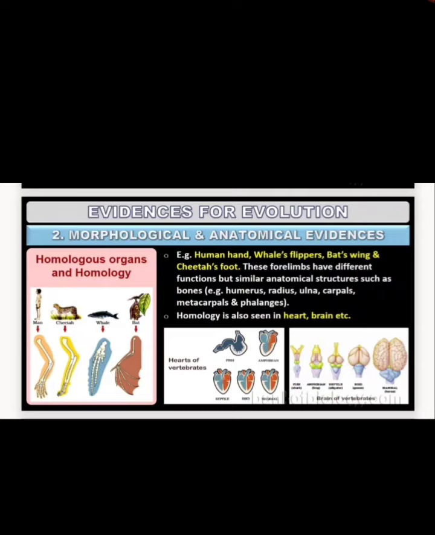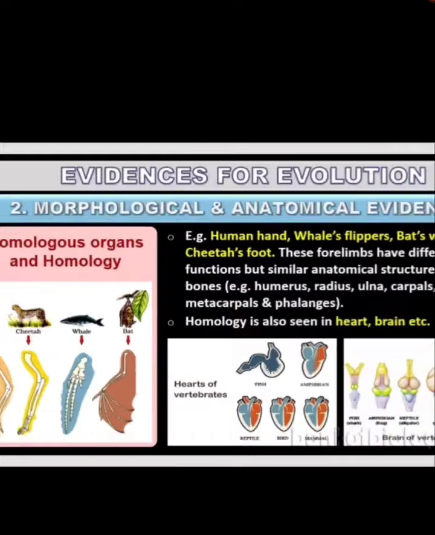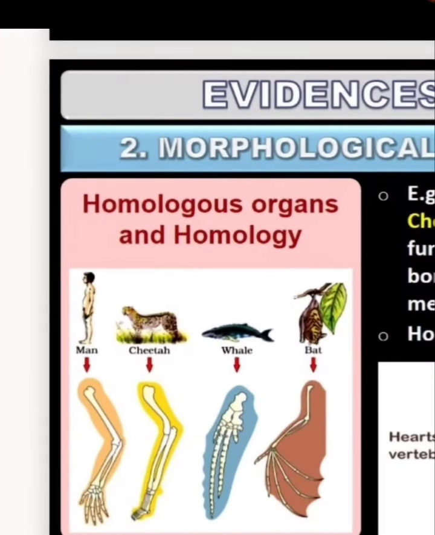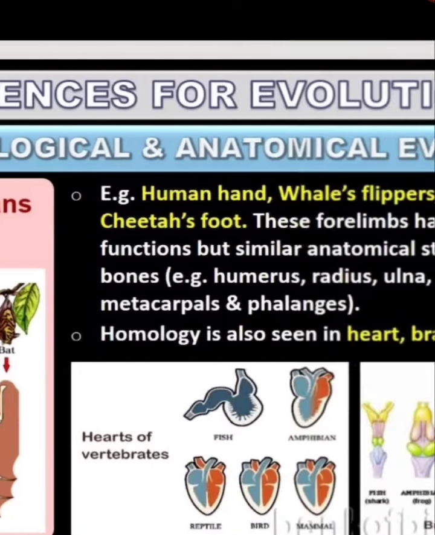All these are forelimbs having different functions. Man uses it for eating and doing his work, the cheetah uses it for hunting, the whale uses it for swimming, and the bat uses it for flying. They all have a similar structure but their own different functions.